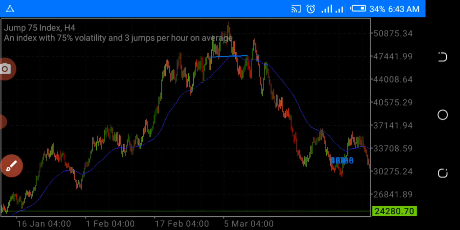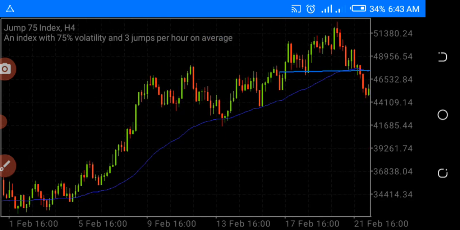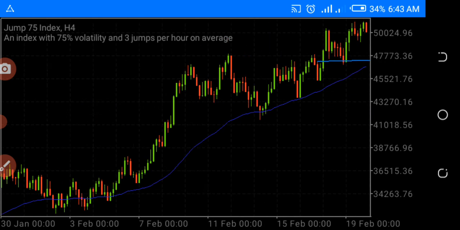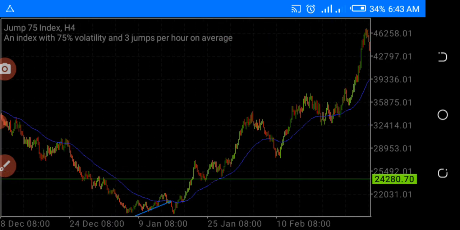Now, in case you're wondering, how do I pinpoint the exact place where the structure was broken? It's very easy. If you can pinpoint the place where the last higher low was, don't forget, we say that a market is giving us a higher high and a higher low. Let me spot this higher high and higher low here for us from this zone.